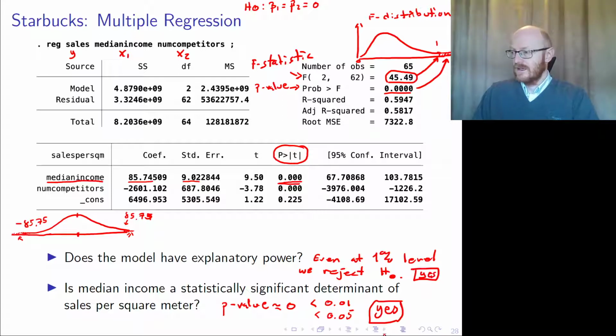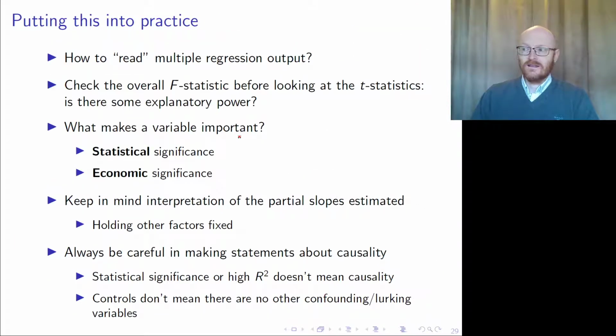Okay, so that's an example of how you can interpret the output from a statistical program, and if we put this into practice, you have learned how to read the multiple regression output.